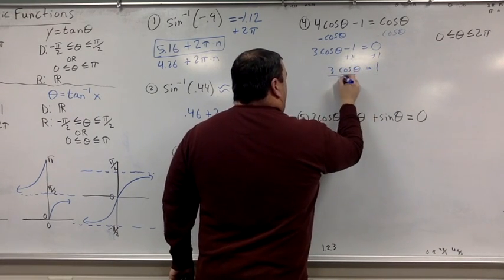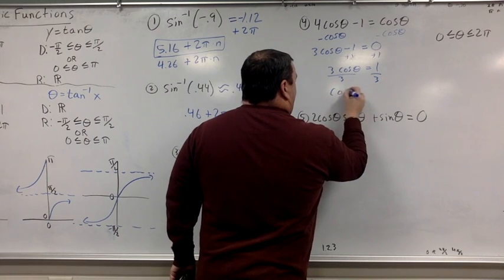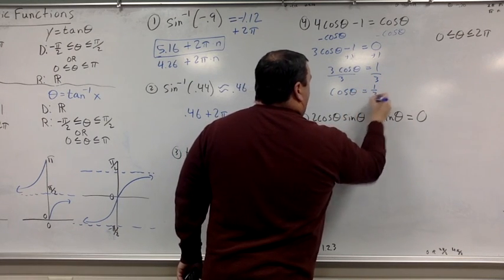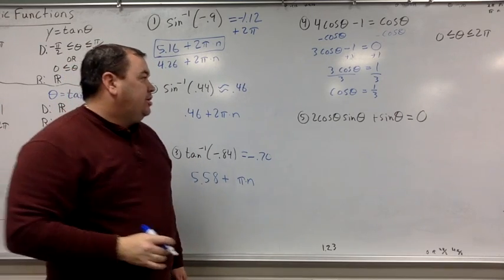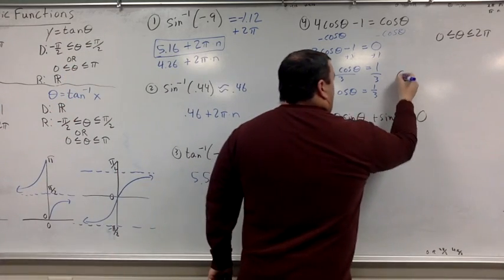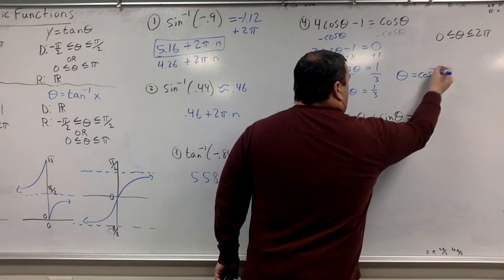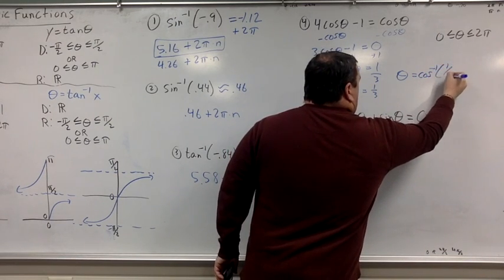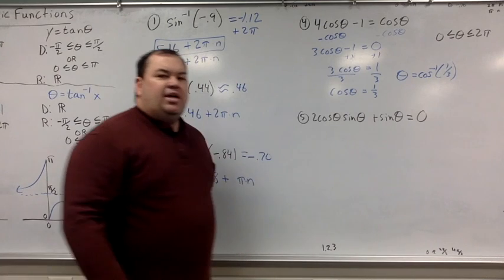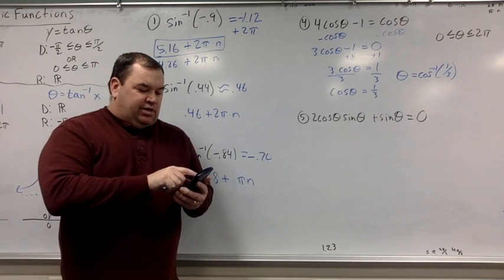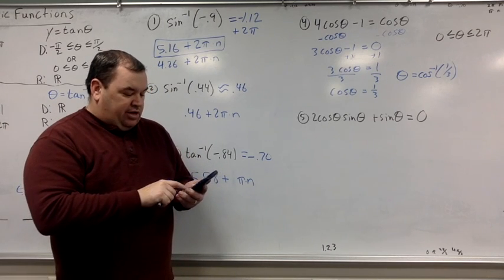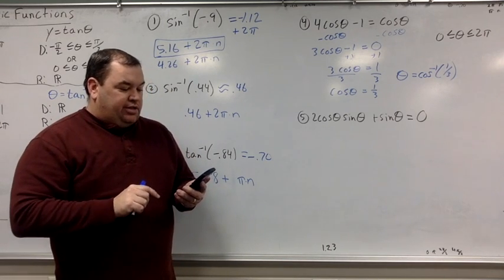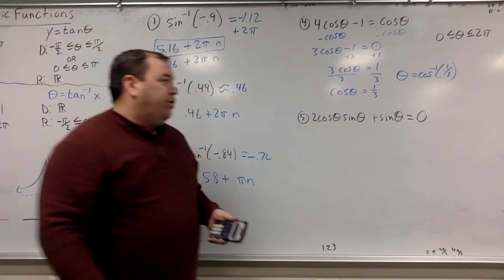I have to divide by 3 on both sides, and I get to this point right here. This is where I use my inverse trig function. So theta is going to end up being the inverse cosine of 1/3. And since I don't recognize that one, I'll use my calculator to do the inverse cosine of 1/3, and it says it's 1.23.